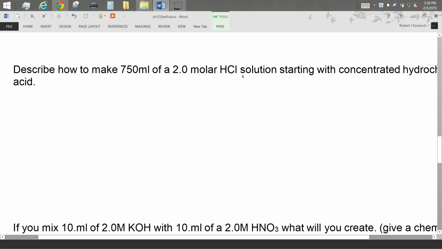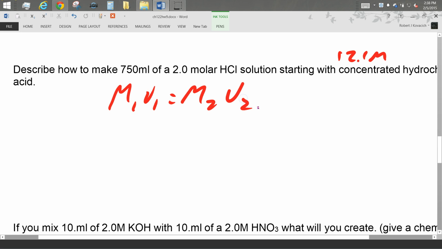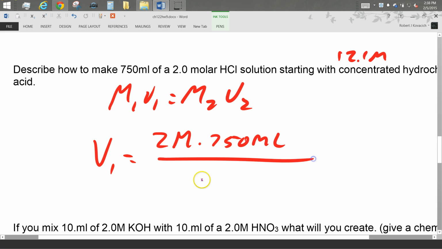So concentrated hydrochloric acid is 12.1 molar, and I want to make 750 milliliters, and so I need M1V1 = M2V2. Really all I need is V1. So it's going to be 2 molar times 750 milliliters divided by my 12.1 molar.